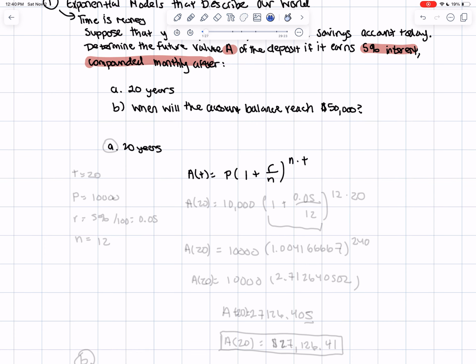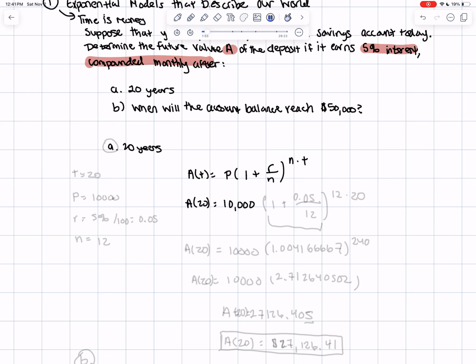This is going to be the exact same problem we did before, but now we're going to turn it into logarithmic or exponential form to solve for when the balance reaches the amount that we want. We're trying to find A, so we don't know what it is. They give us time, 20 years, and our initial deposit was $10,000.